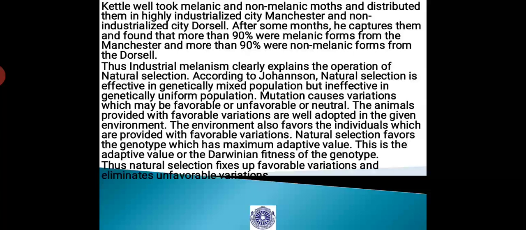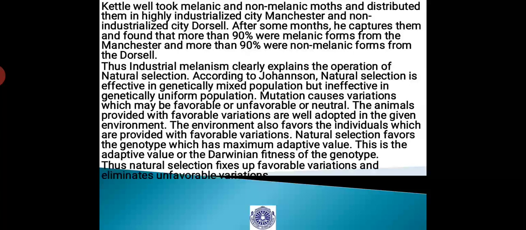According to Johannsen, natural selection is effective in genetically mixed populations but ineffective in genetically uniform populations. Mutation causes variations which may be favorable, unfavorable or neutral. The animals provided with favorable variations are well adapted in the given environment, and the environment also favors the individuals which are provided with favorable variations.